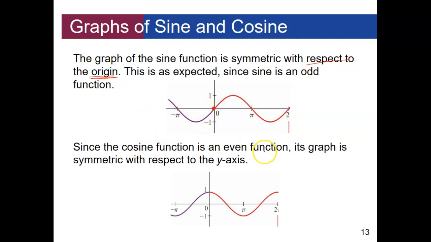Cosine is an even function, and an even function has symmetry with respect to the y-axis. So if I folded this here on the y-axis, this part is going to fold over on top of this part. So it would have symmetry about the y-axis for cosine. So sine is an odd function, cosine is an even function.